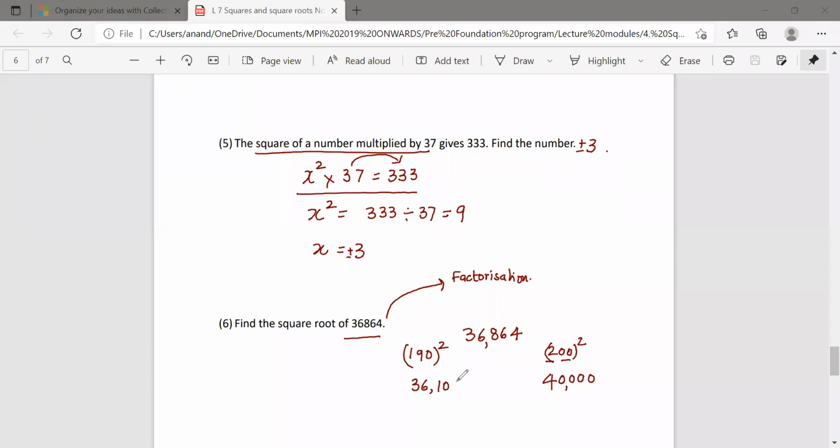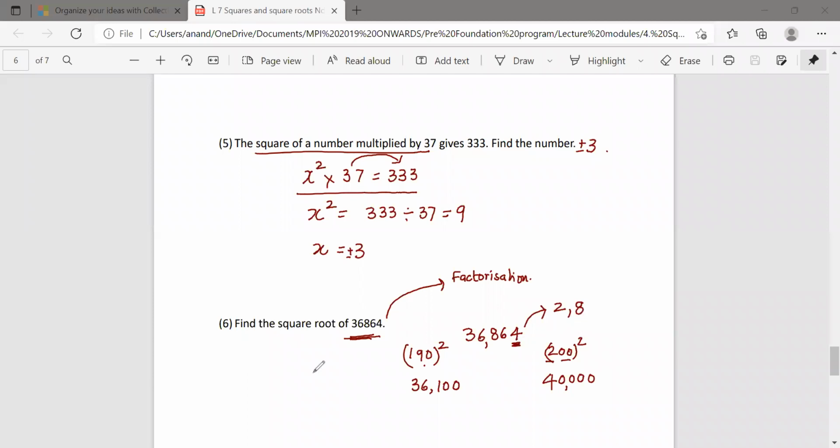36,100. So my square number lies between 190 square and 200 square. And it is ending with 4. So if the square is ending with 4, square root will end with 2 or 8.